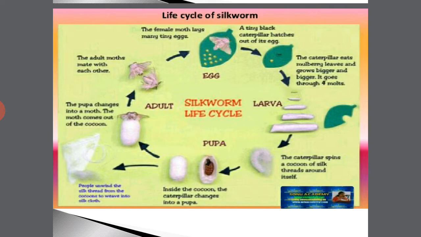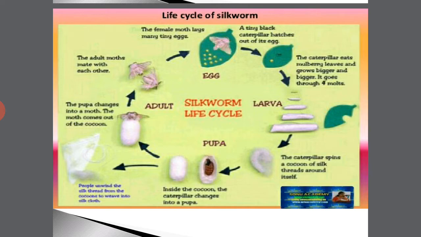The steps are: female silk moth lays many tiny eggs. A tiny black caterpillar hatches out of its egg. The caterpillar eats mulberry leaves and grows bigger and bigger. It goes through the 4 molts, then it gets converted into larva.